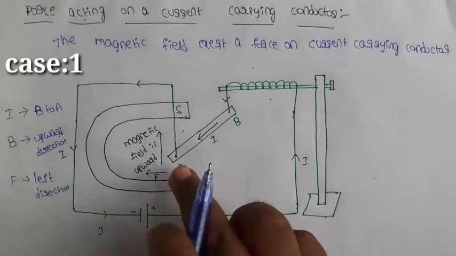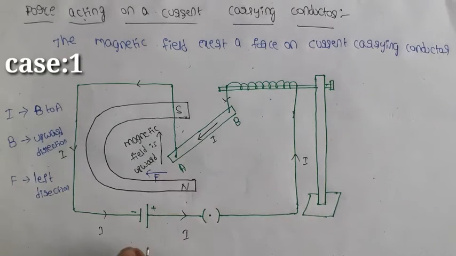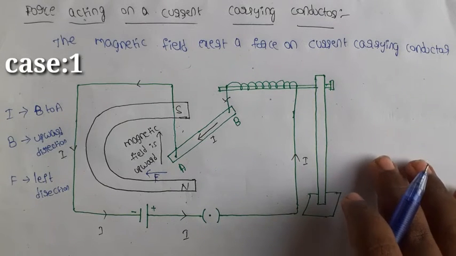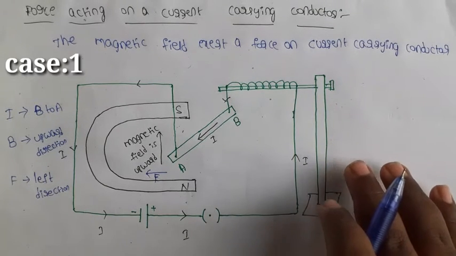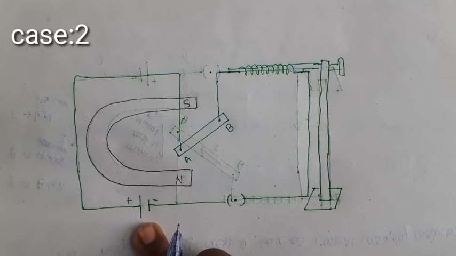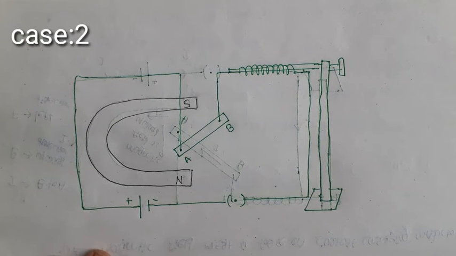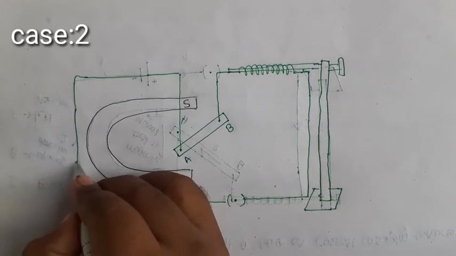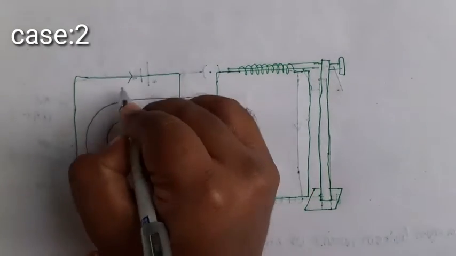If the current direction is reversed in this circuit, what is the direction of the force acting on the conductor? Here the current direction is reversed. Current direction is positive to negative.